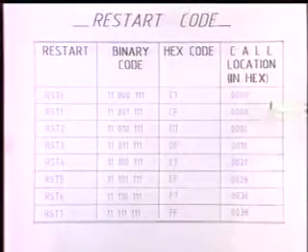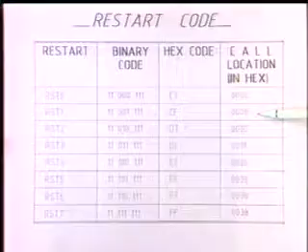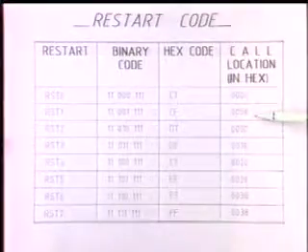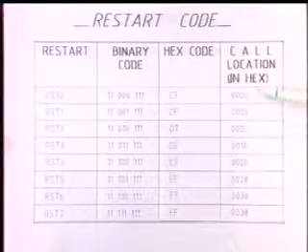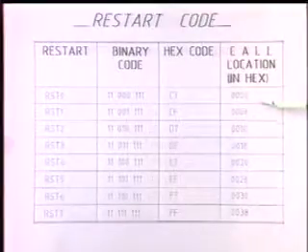Whenever there is an RST 0, it goes to location 0000 in memory. It goes to location 0008 whenever there is an RST 1. Now you see the difference here: there is always an offset of 8, and these addresses are hexadecimal. So between RST 0 and RST 1, there is an offset of 8 memory locations.